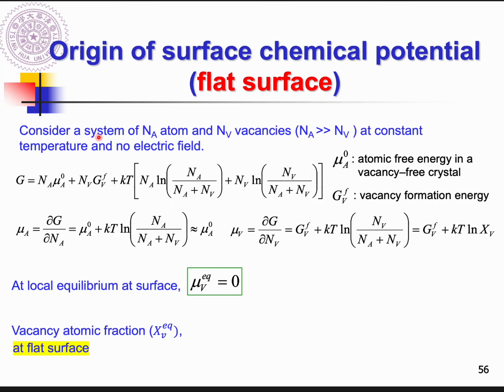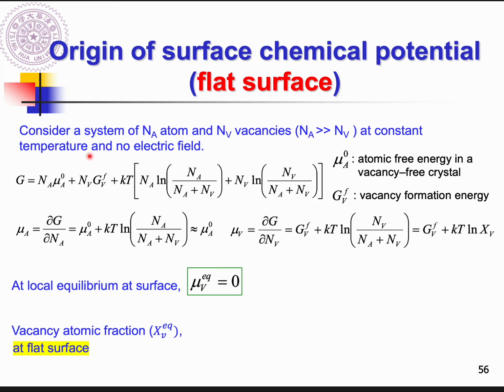So now we consider this material with Na atoms and Nv vacancies. And as you know, the number of atoms is much larger than the number of vacancies by at least 3 orders of magnitude, right? At constant temperature and no electrical field.